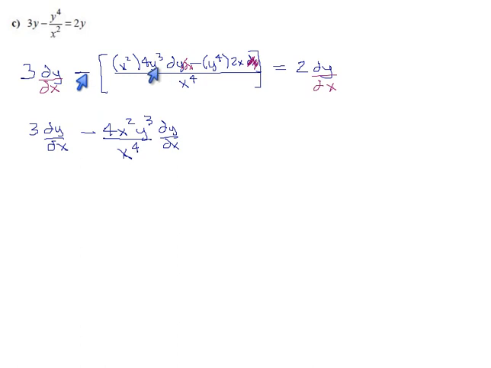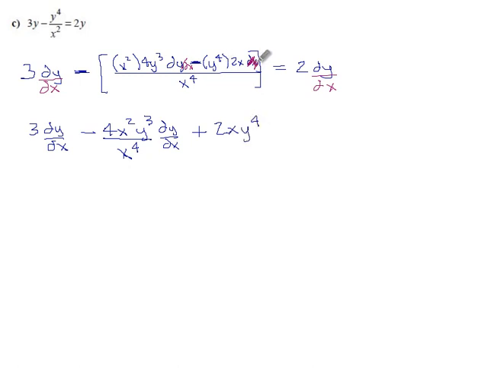So we have this negative sign for x squared y cubed dy/dx over x to the 4th. That's our first term in here. Now we have this one, which is, we have a minus out front times another minus here, so this next term is actually positive. It contains a 2, x and y to the 4th.